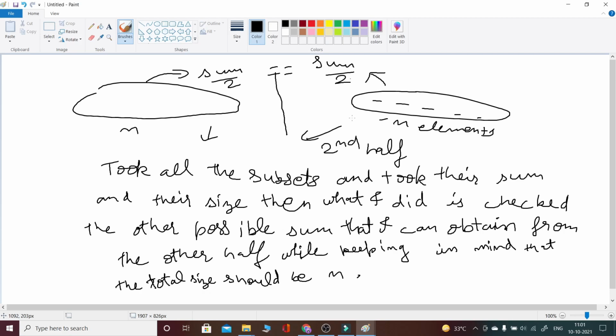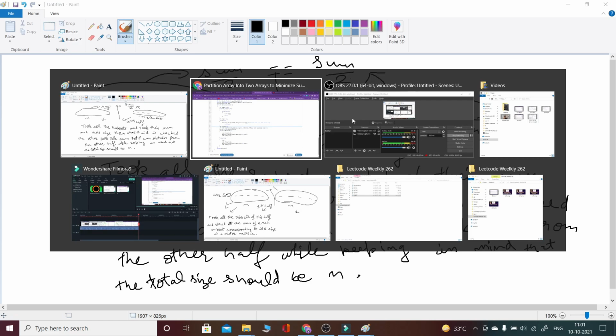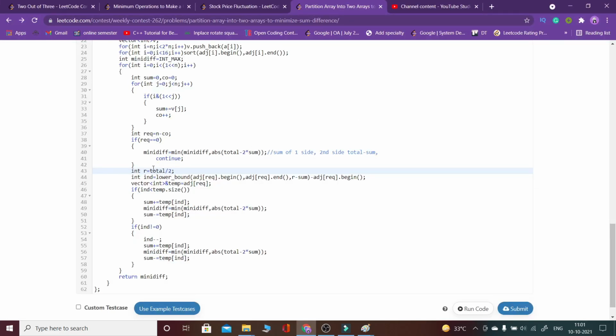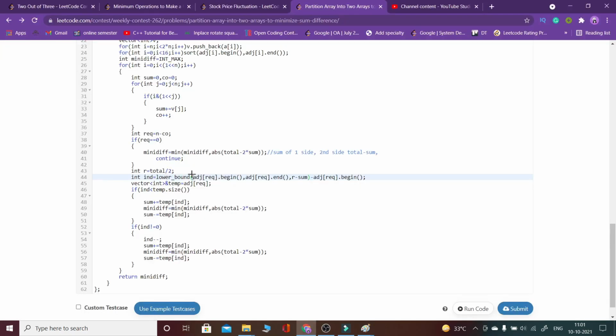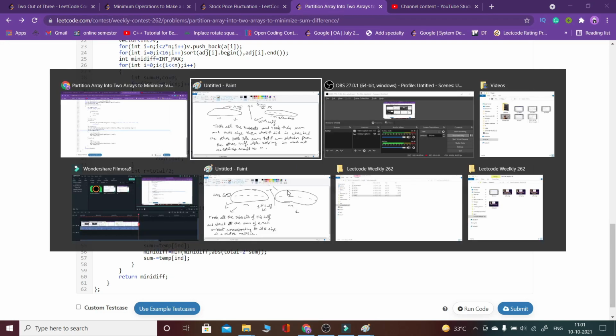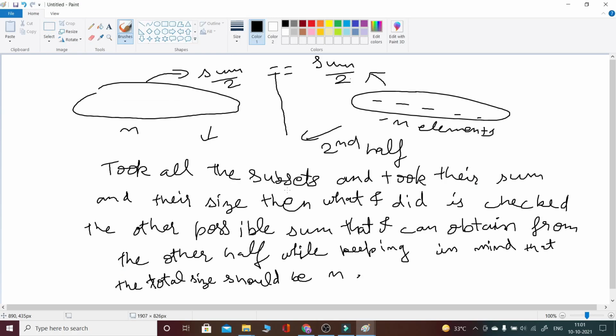Okay, so I have stored this value into r, and then, we know how much elements we require. By this we knew how many elements we have to take from the first half, and from that matrix we would search the values. So now, let's suppose we took any particular subset from here.